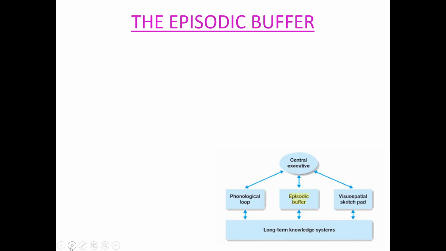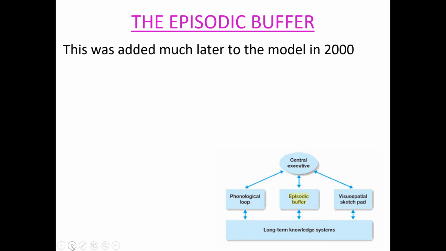Now the episodic buffer, you can see that here, is a bit of a strange one. It's a little bit vague, all the information about the episodic buffer. And the reason that Baddeley and Hitch, the model's designers, added it to the model 26 years after the original version was that there was criticism about this model, that researchers and other people were saying, well, what about long-term memory?